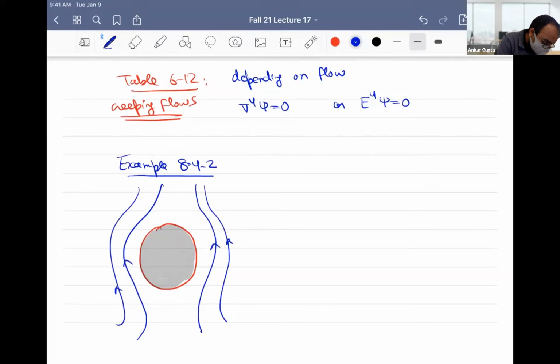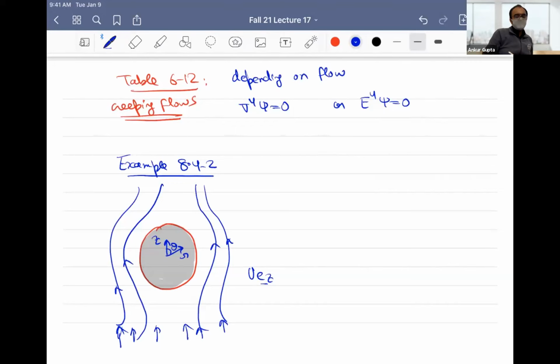The fluid is coming like this, twisting itself, and then going further. The velocity of the fluid is given as U e_z, and the z coordinate points here, with the radial coordinate r, theta, and phi. The velocity is coming from the bottom, going up in the z direction, and there is no gravity right now. Think of it almost like the sphere is this, and you're going in this direction.